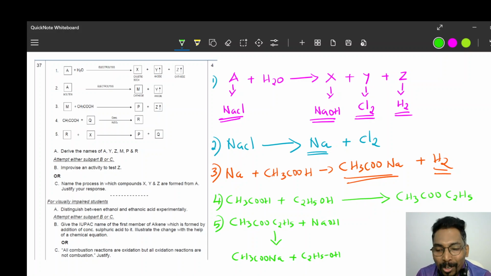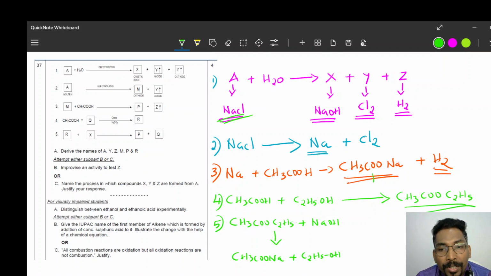You may get confused because a lot of reactions are connected here. So the question: derive the names. A we have found out, that is NaCl, and Y is Cl2, and Z is H2. Then M is sodium, and P is sodium acetate, and R is this ester.